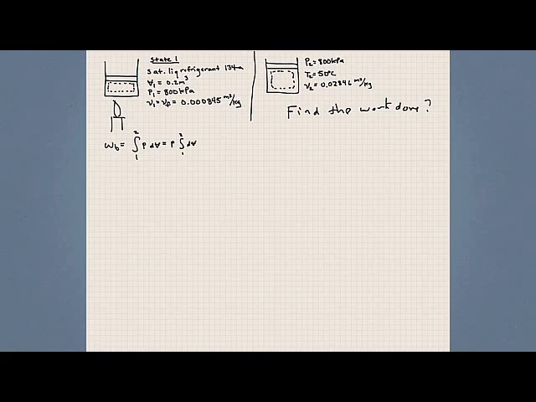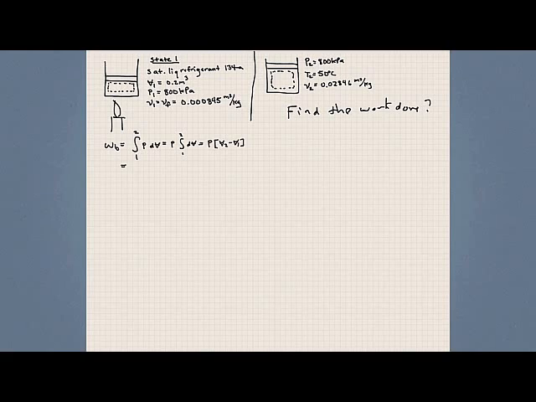So if we're integrating a bunch of small differential volumes, what is that going to give us? It's going to give us the change in volume from 0.2 to 0.1. So integrating this, we can obtain pressure, which is constant, times volume 2 minus volume 1. Well, being savvy engineers that we are, we can manipulate this equation so that we can use some of the values that we have already.